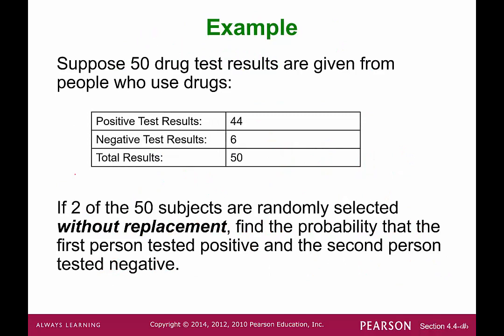So suppose 50 drug test results are given from people who use drugs. We have 44 positive test results and 6 negative test results. The total is 50, so basically the sample size is 50.